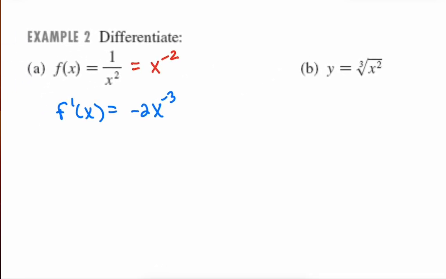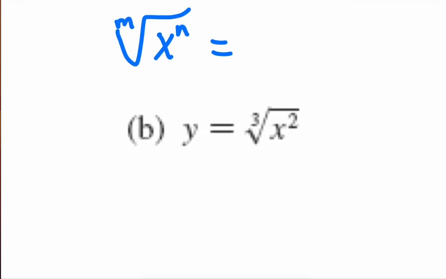Square roots, any type of radical function, can be rewritten as a power function. Let me remind you of the rule from algebra class. If we have an index of m and a power of n, remember the top of your fraction is your power.